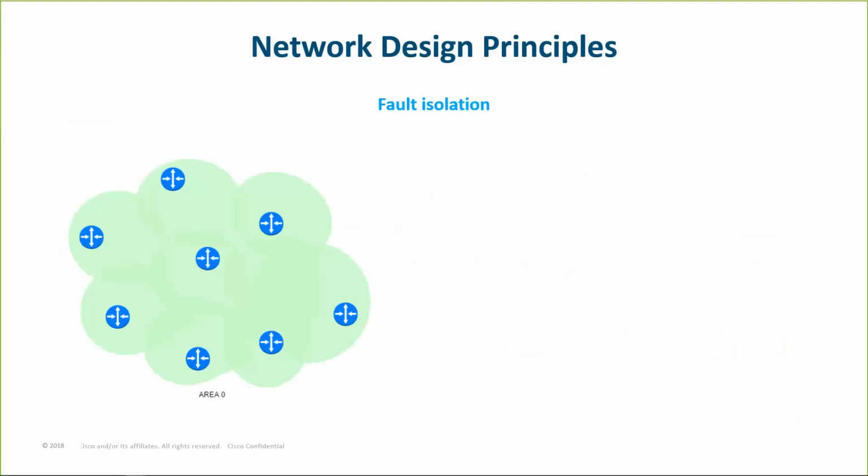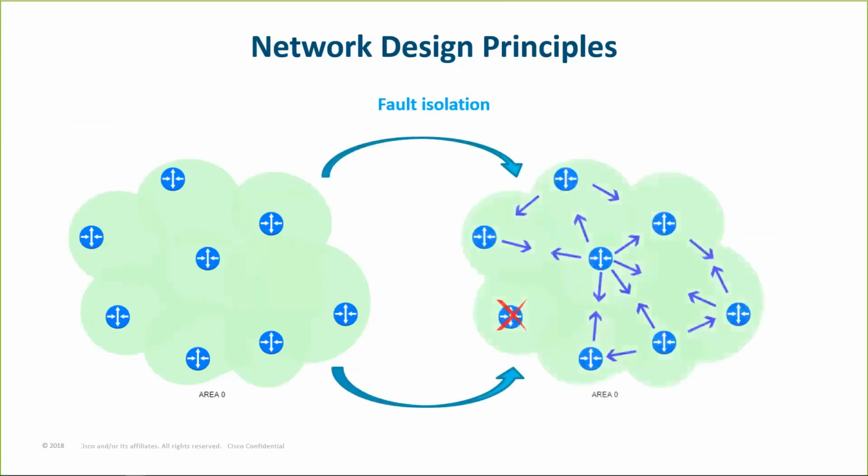Assuming we have an OSPF area, and this is an example well known to all of us. If we have a failure in one of the devices, and this is a single area, then what is going to happen? All the devices in the same area are going to recompute, they are going to recalculate, they are going to reconsider that there was a device down. Then we have the stages of the convergence: the fault detection, the event propagation, then the recomputation, and then we need to add all the details to our routing table and our forwarding table.